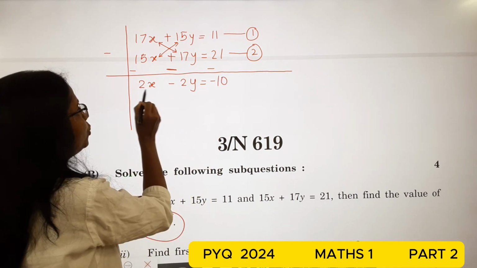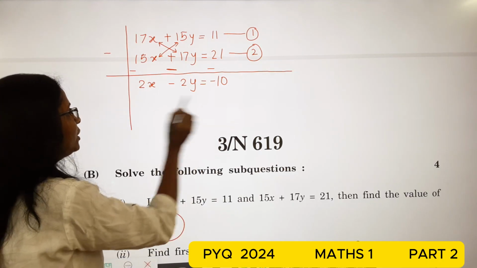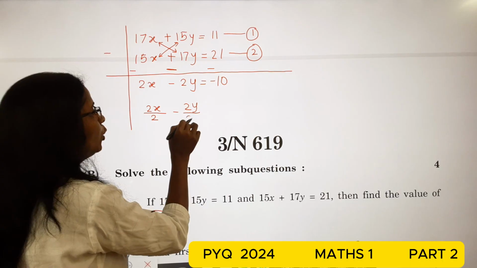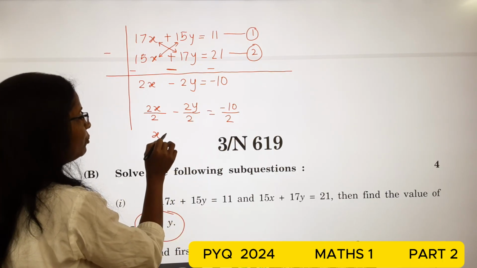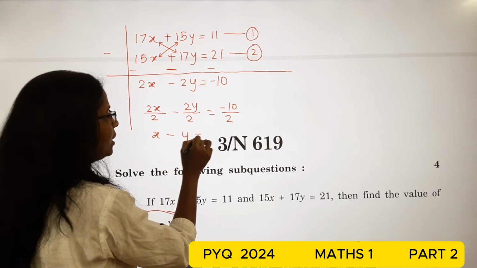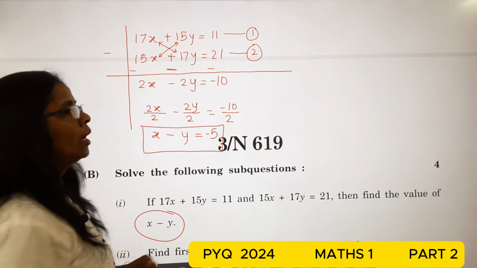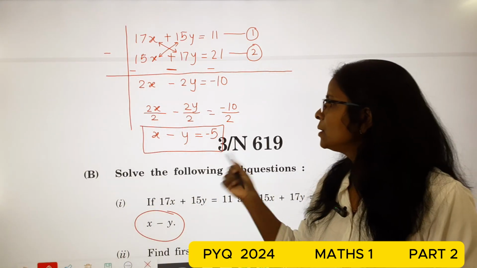So here see 2, 2 and 10, which are in the table of 2. So dividing both sides by 2, minus 10 divided by 2. Then after dividing we have x minus y is equal to minus 5. Okay student, so here our final answer is x minus y is equal to minus 5.